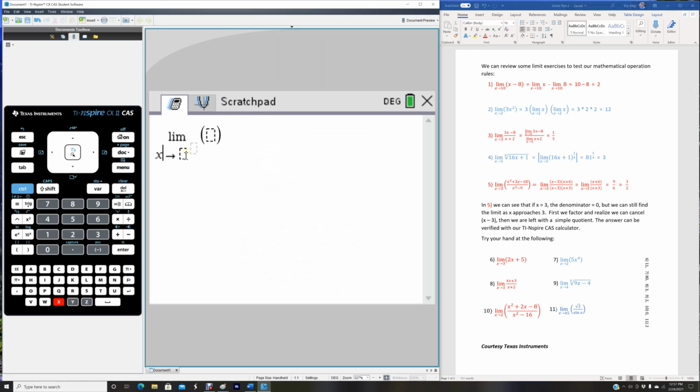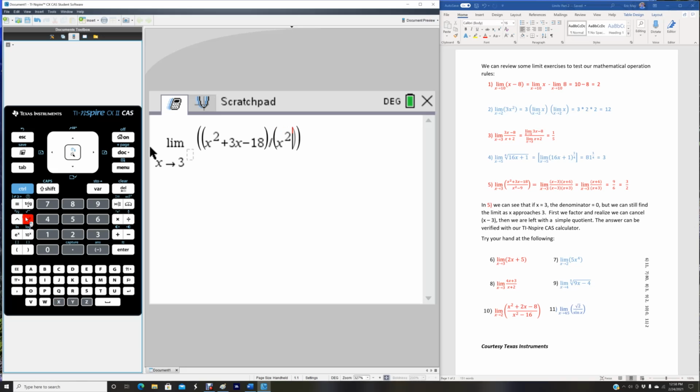So we have the limit as x goes to 3, and we're going to put another parenthesis in here for our numerator, which is x squared plus 3x minus 18, close parenthesis, divided by, and open parenthesis for the denominator, x squared minus 9, close parenthesis, and enter. 3/2. So you can see that that's the correct answer that we got.